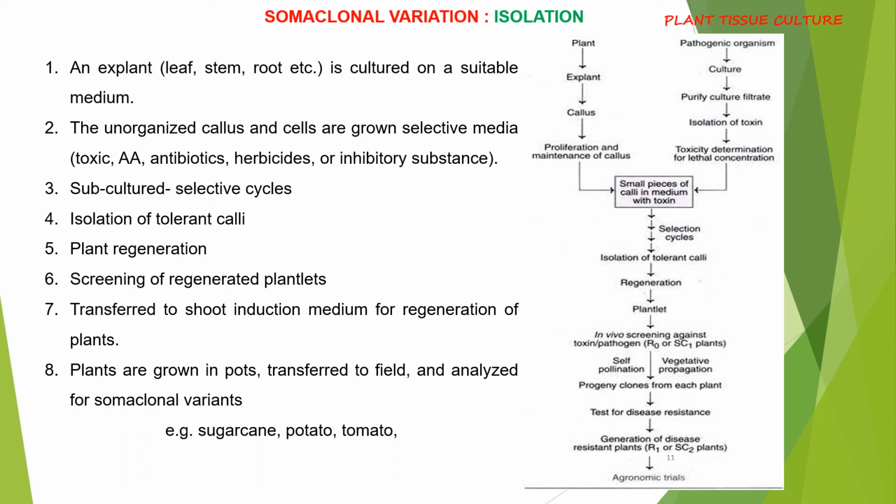The tolerant lines are then made to induce plant regeneration. The regenerated plants are then screened for genetic stability. In this way, an agronomically important disease-resistant trait in plants is produced.